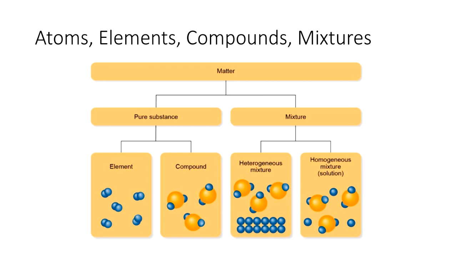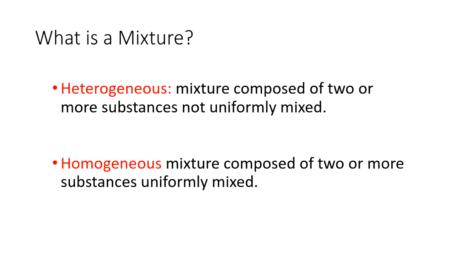A heterogeneous mixture is composed of two or more substances, and they could be elements or compounds, but they are not uniformly mixed. This is, for example, mud. In mud, you have water and soil, but you can somehow distinguish the boundaries, where the water starts and the soil stops, or vice versa.